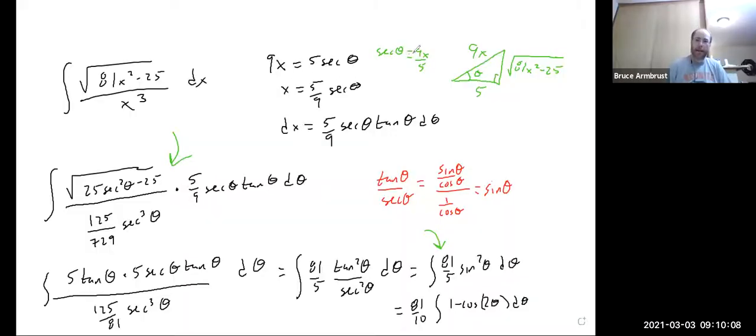I don't know if you've noticed this, and this usually requires doing quite a few of these to notice it. But when you come back to the right triangle and you start with your two sides, you find your third side. That third side always has the square root that was in your original integral.